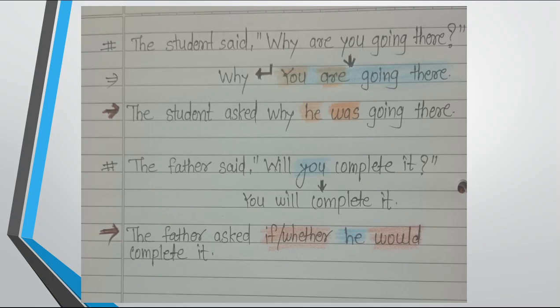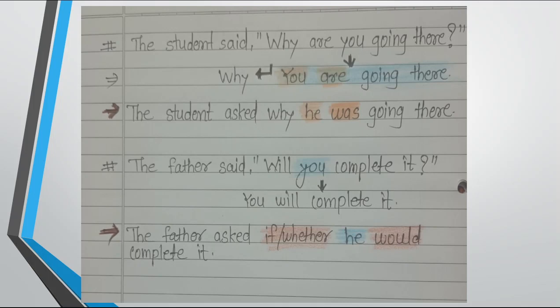So the father asked if he would complete it. Because there are two types of whether here, there would be jumbling, so instead of whether you use the word if.